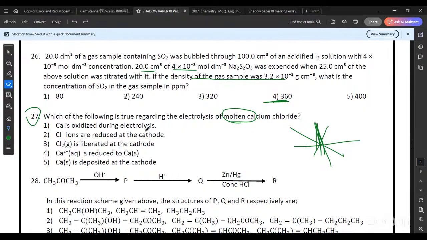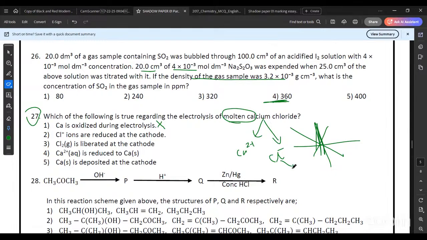Look, calcium is oxidized during electrolysis, of course. No, or not of course. Wrong. Calcium won't get oxidized. Molten calcium chloride has Ca2+ in the solution and Cl- in the solution. Ca2+ will undergo reduction actually, and Cl- will undergo oxidation.